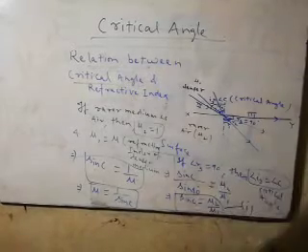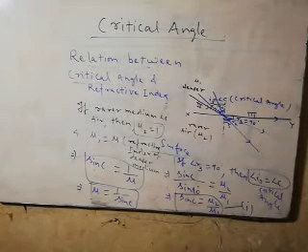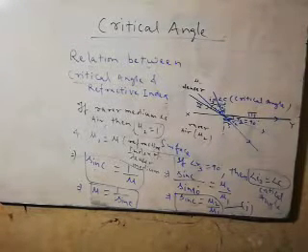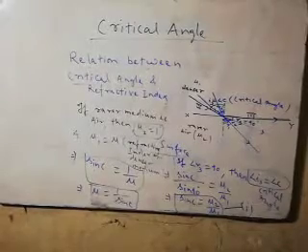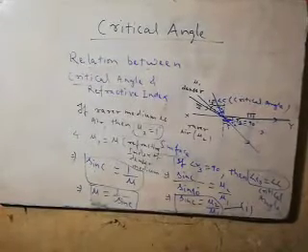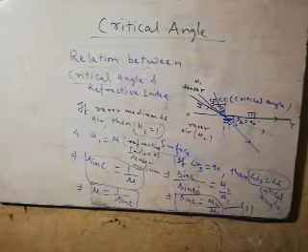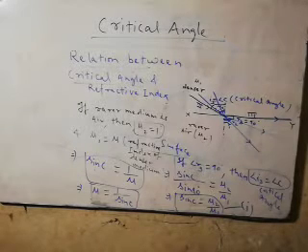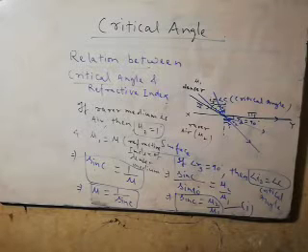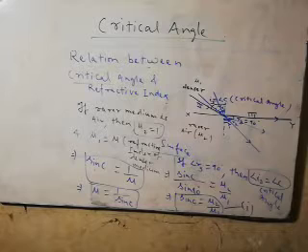Actually, why we understand this: the refractive index of diamond is maximum. It is 2.25, and if the refractive index of diamond is maximum, then critical angle will be minimum. So what will happen?